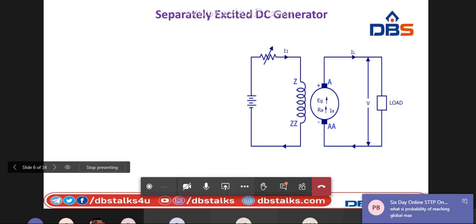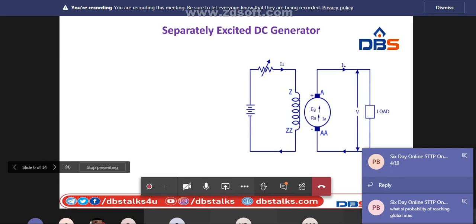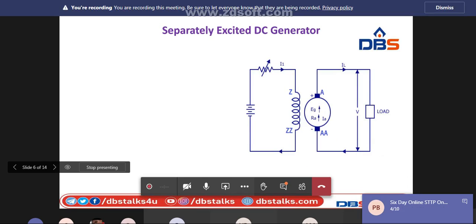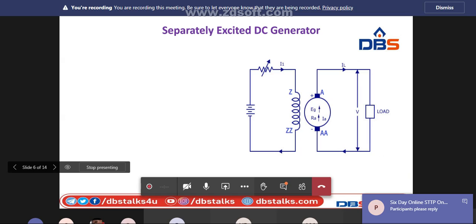That is the main difference between the generator and motor. Generator supplies to the load, but motor takes supply from the source. And this is the field current. So the definition is: a generator whose field winding is excited from a separate source is called a separately excited generator.